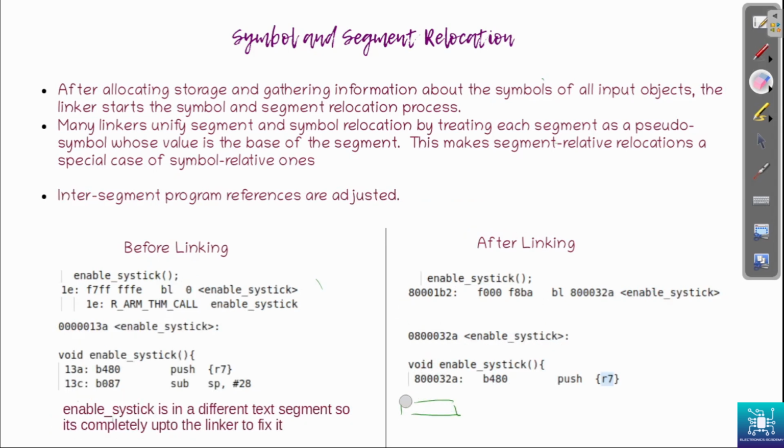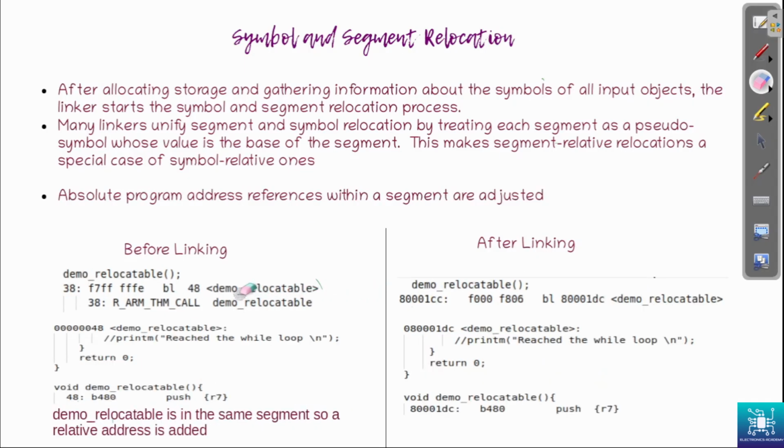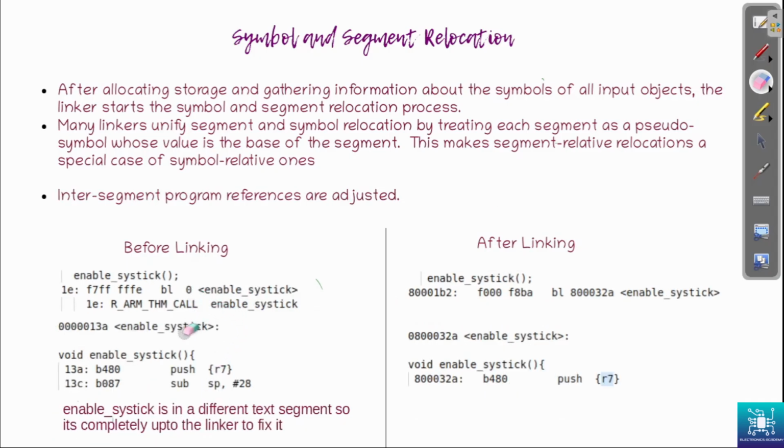Moving on. What happens after that is intersegment program references are adjusted. Previously this was a program reference in the same segment, that is, in the same text segment of the main file. You had two programs here. We discussed this. The enable sysdig is in a different file which the compiler did not know of, so it did a BL0 here because it had no idea where that function is.